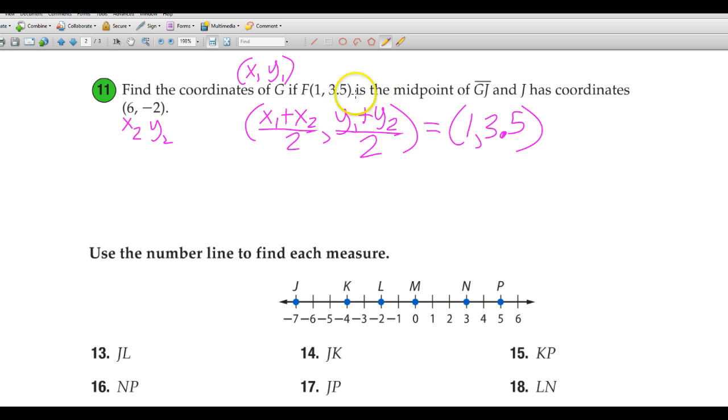So basically, we would just substitute in what we know. So we don't know our x and y coordinate of G, so we just leave that x1 and y1. But we do know the x2 and y2, so we do know the coordinates of J. So we substitute those in.